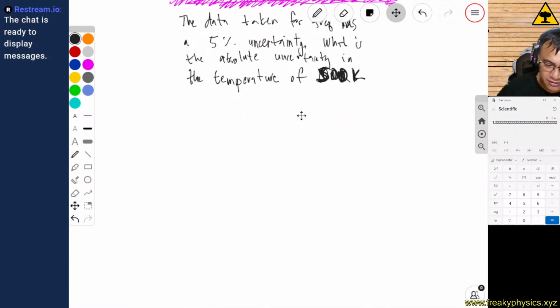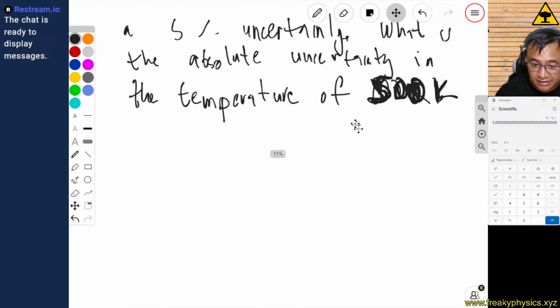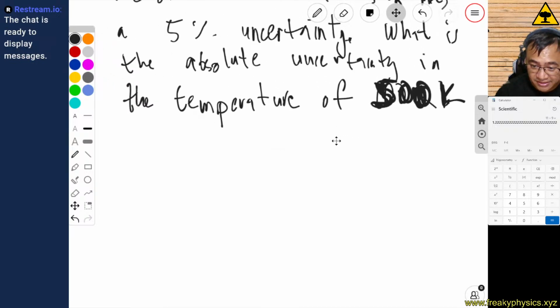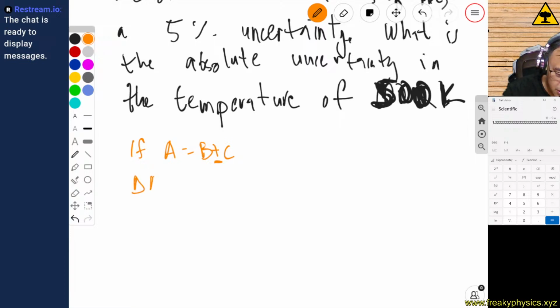Okay, so let's start with this. Before we answer this, remember, this part for uncertainties is in the data booklet, but I'm going to mention it anyway. We have three possible rules. If A equals B plus C, or minus for that matter, then delta A equals delta B plus delta C. Always think absolute. Addition, absolute.